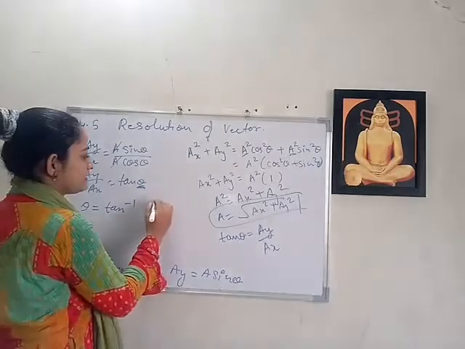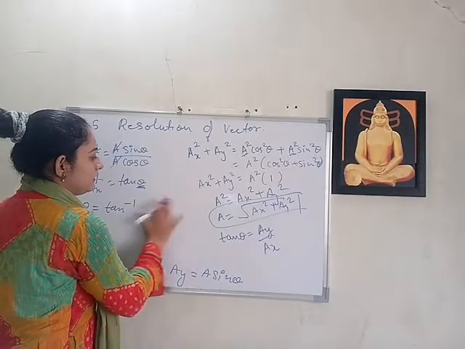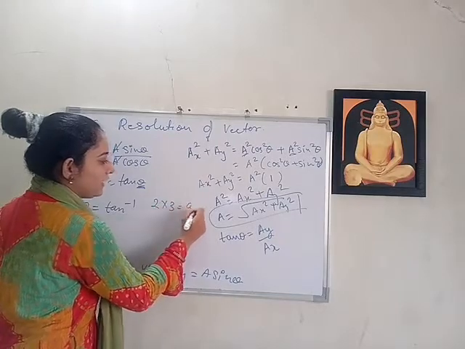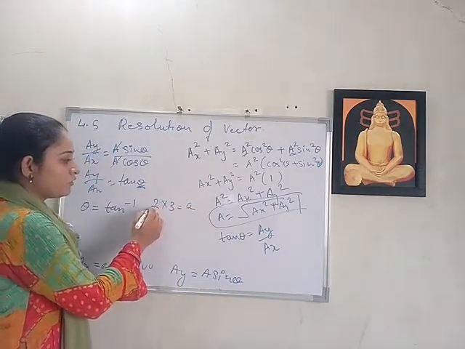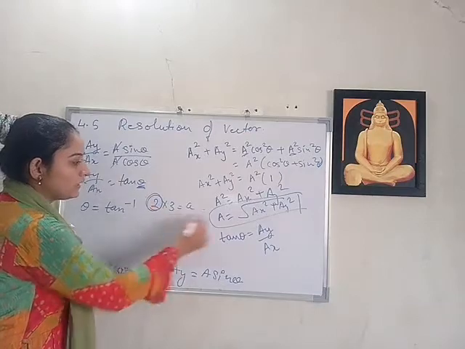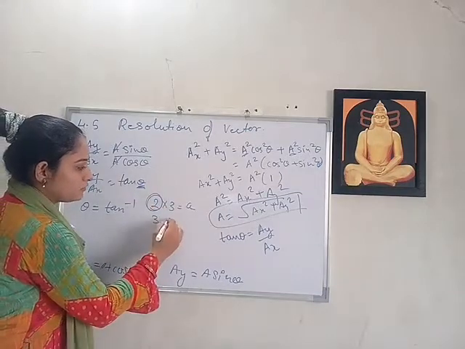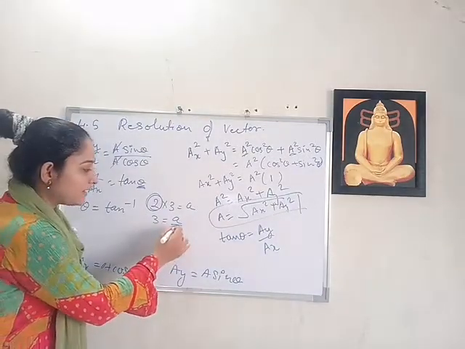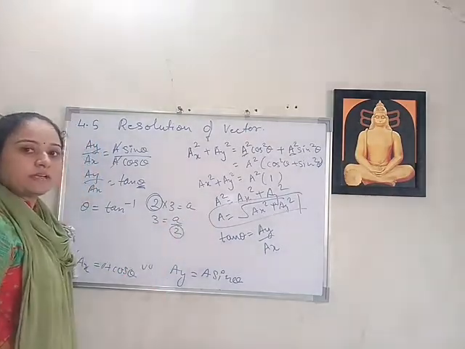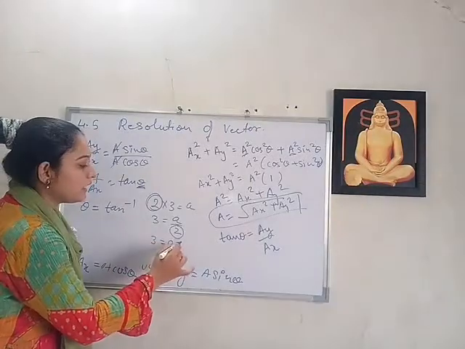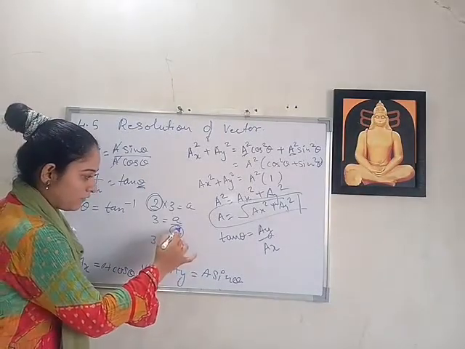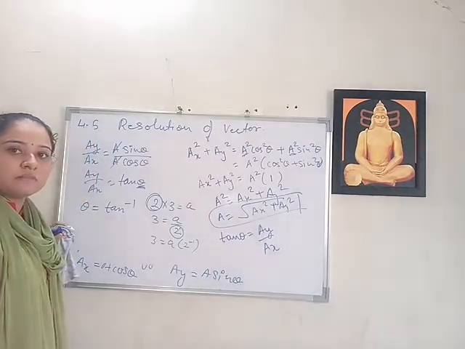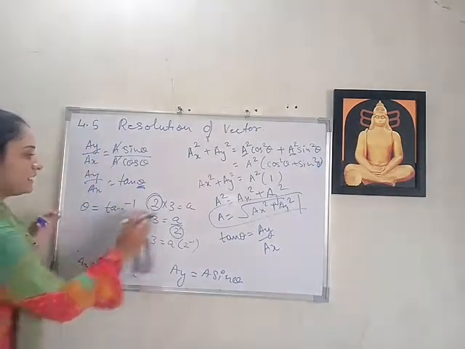For example, 2 into 3 equals A. Now if you send this 2 to that side, it will be 3 equals A by 2. If you want to write this 2 in the numerator, then it should be the inverse, that is, the power of 2 is 1, here it will become power of 2 minus 1. So the same case is here.